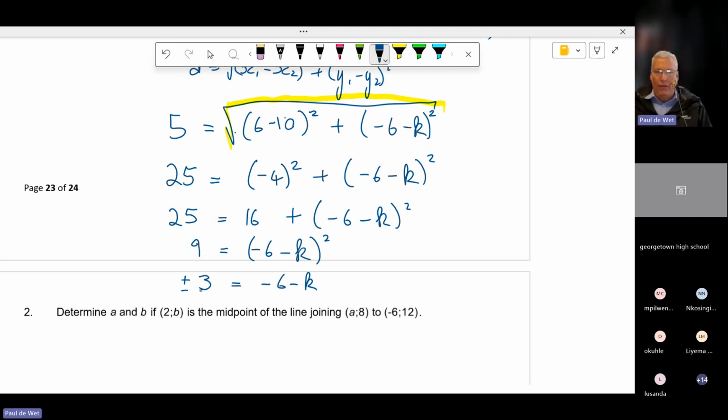And now it's easy to solve for k. I'm going to add 6 to both sides. So I'm going to get 6 plus or minus 3 is minus k. If I go 6 plus 3, I'm going to get 9. If I go 6 minus 3, I'm going to get 3.